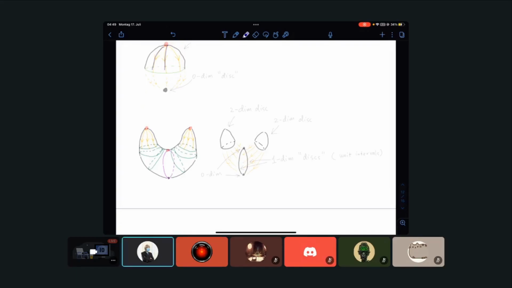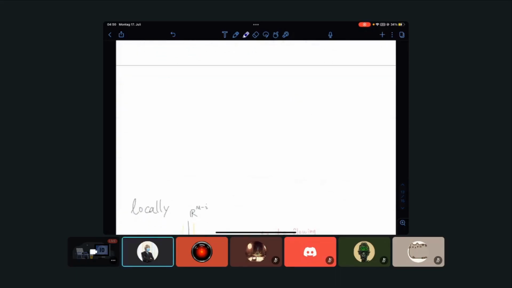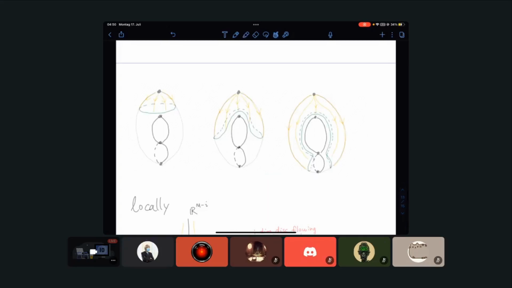Okay, so two-dimensional disk, one-dimensional disk, and zero-dimensional disk. And then there's another, more difficult one, and hopefully this drawing is good enough. If we're given this torus and still use the height function, then we start with this critical point, and then we bound it by a circle, and then if we go down along this flow, we realize it's actually squeezed like this.